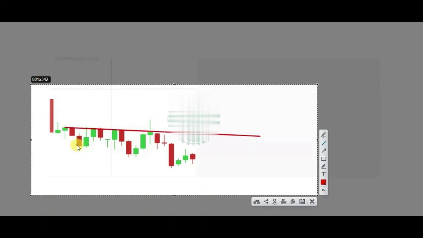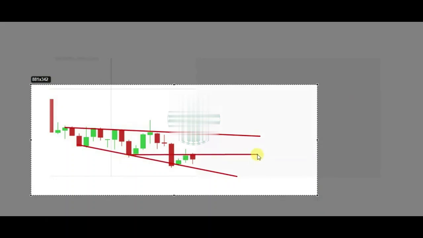Okay, now we can see seller's entry, and if we draw levels, we know there is no chance now. Okay, buyer's entry, but at this level we can see seller's entry. It means now we can consider this level as support and resistance.